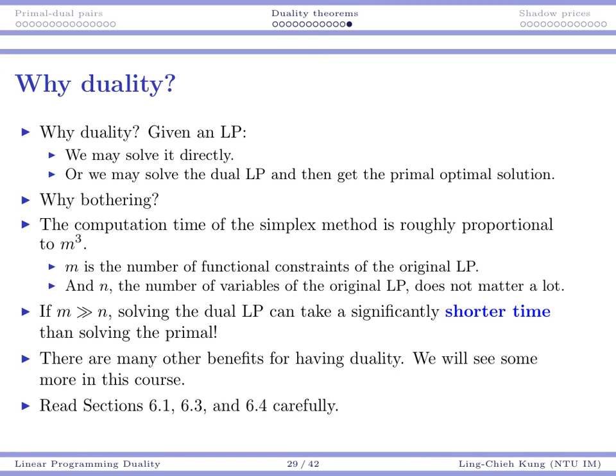That's going to help you in using the simplex method to solve your programs. And actually, that's just one benefit. There can be some other benefits of knowing duality. For example, duality helps us to understand the sensitivity of a linear program, which we will introduce, and many more.